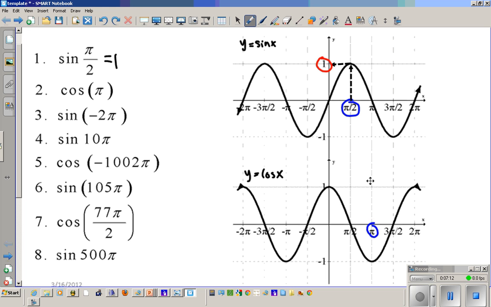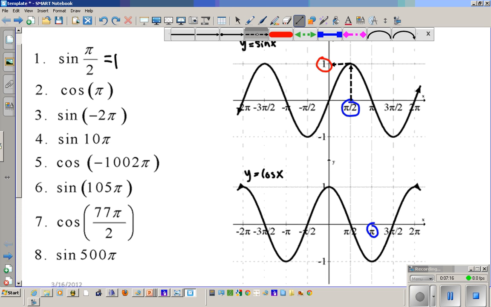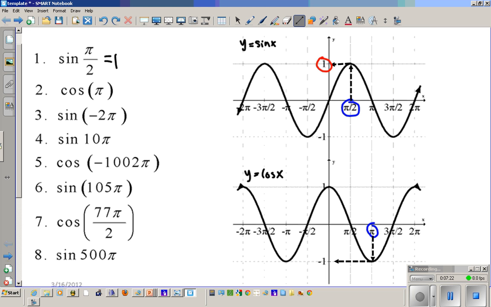If I go up, I'm not going to hit the graph. The graph is below, right? So in order to hit the graph, I need to go straight down. If I go straight down, I hit the graph right here. Number to graph, and then graph to the y. That's my output there, which is -1, and that is my answer. So cosine pi equals -1.